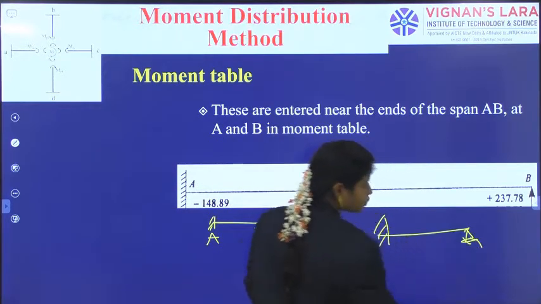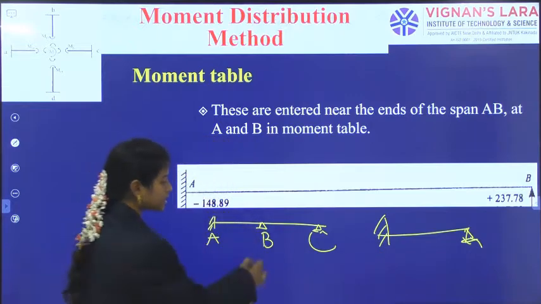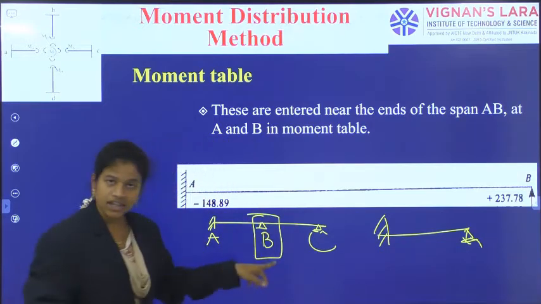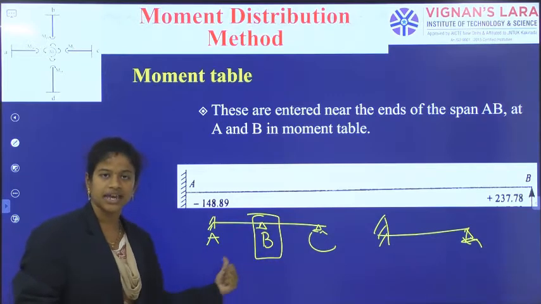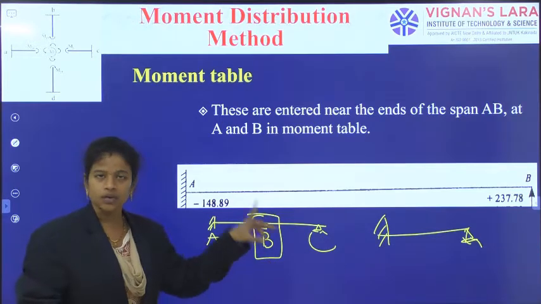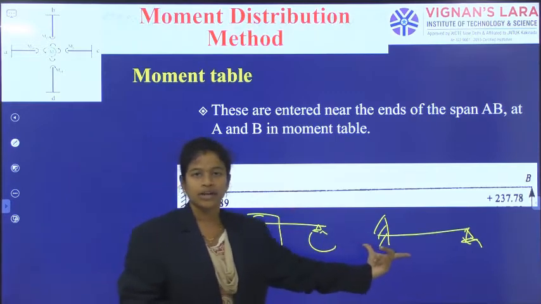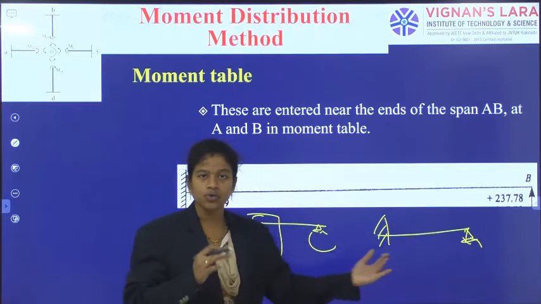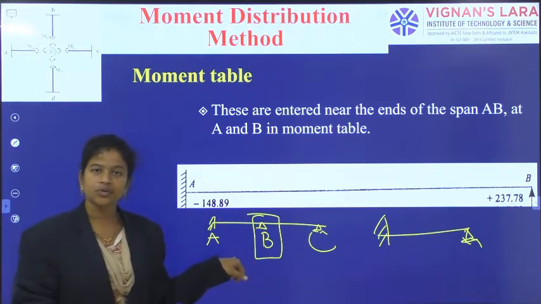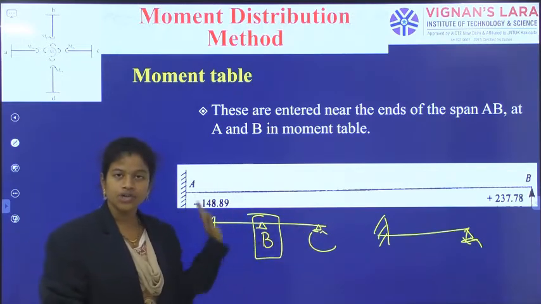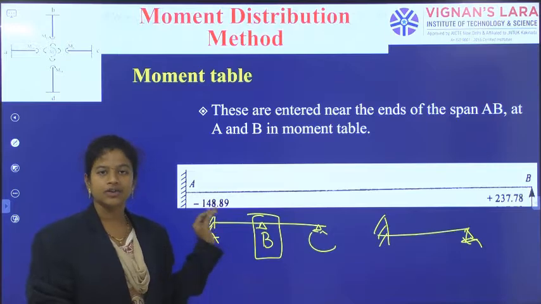At the joint we calculate the distribution factors at B towards A and at B towards C. Here there is only one beam and only one span, so there is no distribution to the other one. Anything that happens at one joint is distributed to the others using the distribution factor.